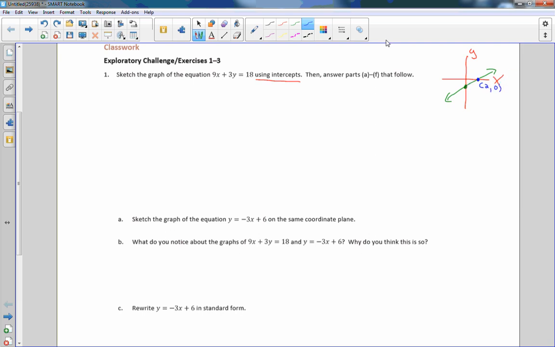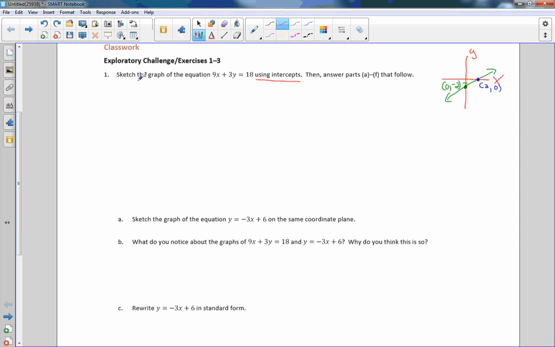And if this were on the y-axis, let's say that's -2, then this would be the point (0, -2). So when we are on the x-axis, y is 0. When we're on the y-axis, x is 0.